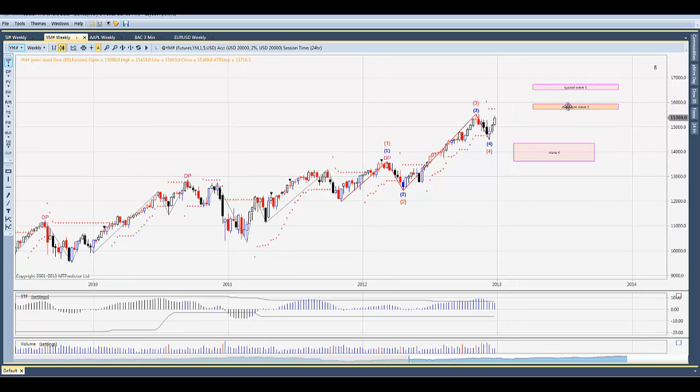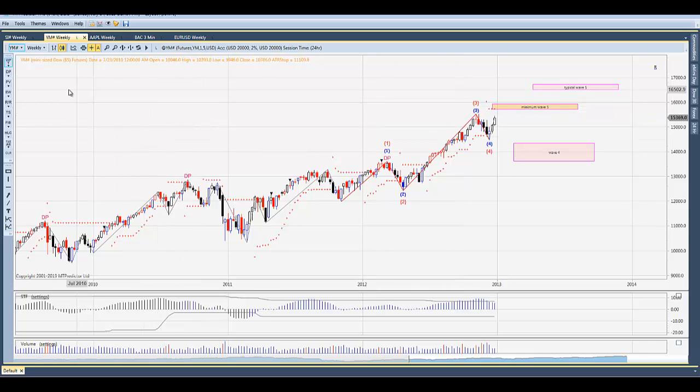And so again, we're getting close to that target as well. If I put the crosshairs on that level, it's right around 15,720, 25 area on the current Dow futures contract.